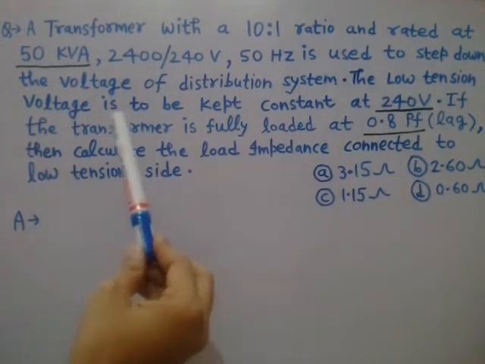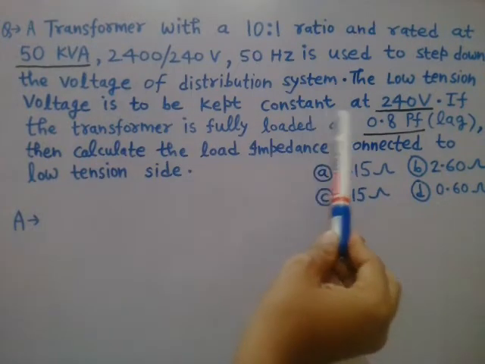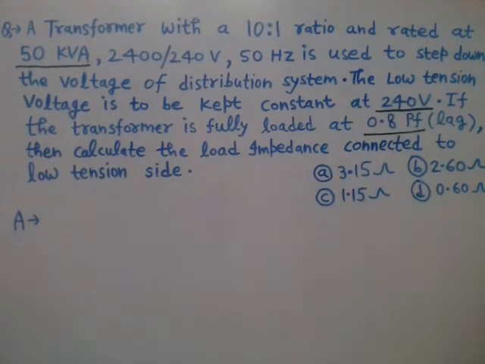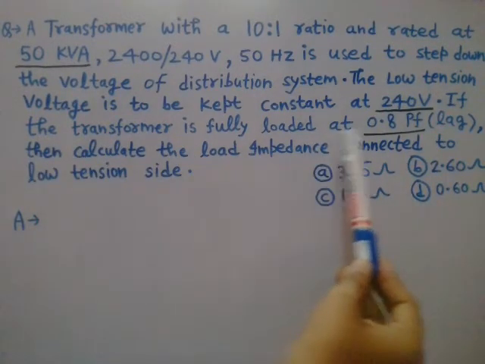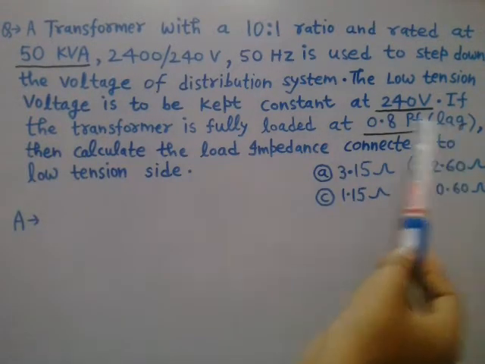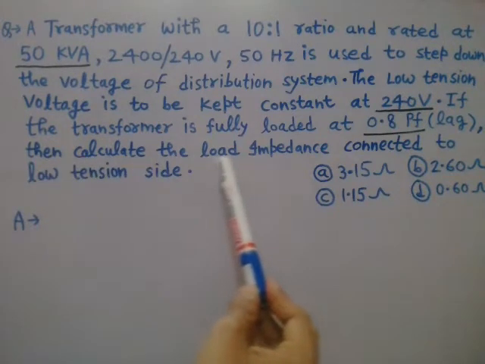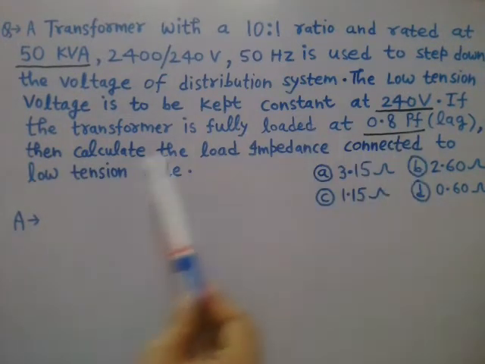The low tension voltage is to be kept constant at 240 volt. If the transformer is fully loaded at 0.8 power factor lagging, then we have to calculate the load impedance which is connected to the low tension side. Out of A, B, C, D, only one option is correct.